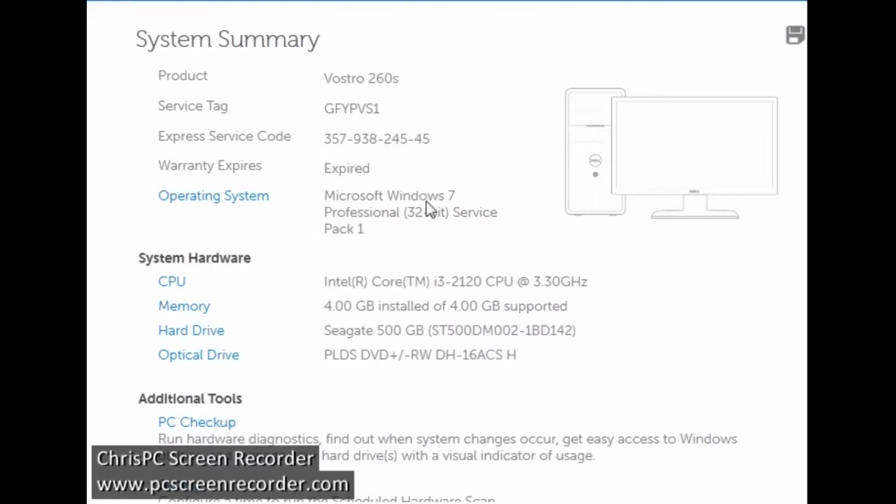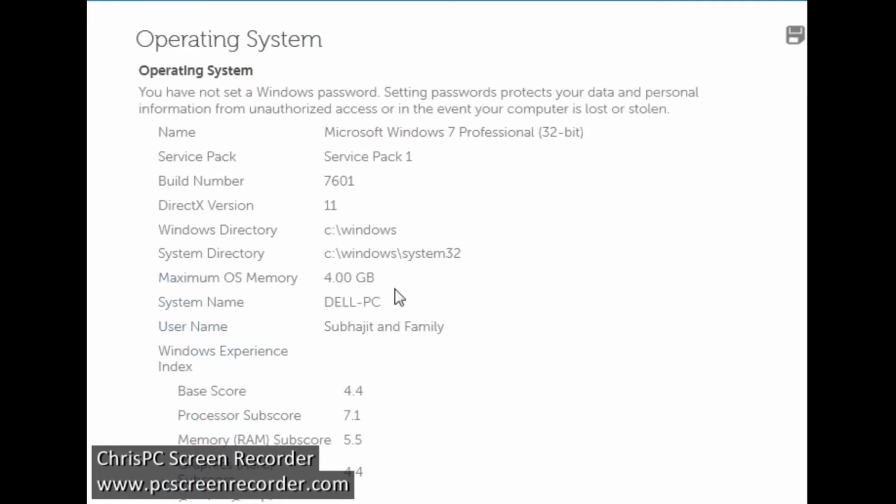So your 32-bit operating system does not support RAM memory greater than 4 gigabytes. So if you want to upgrade RAM to more than 4 gigabytes, I suggest you take Windows 64-bit. I don't know about Linux or Mac OS, but Windows 32-bit does not support RAM memory of more than 4 gigabytes.